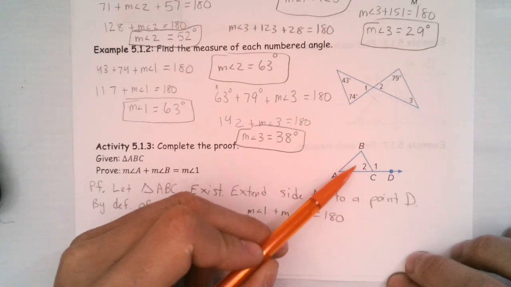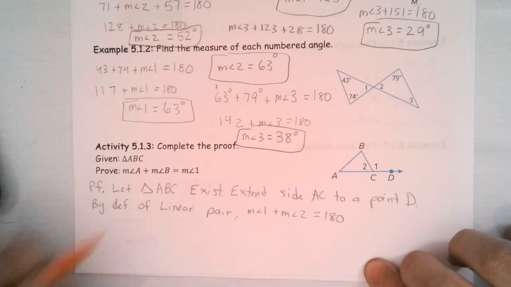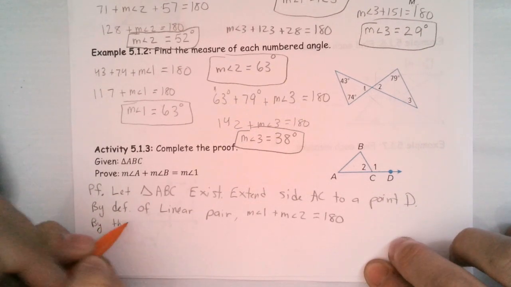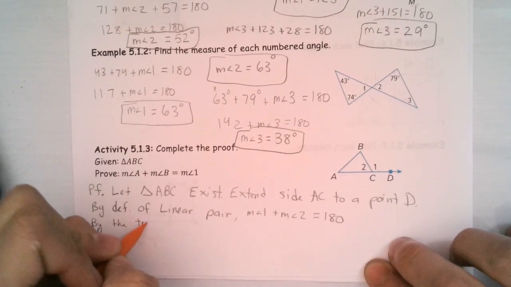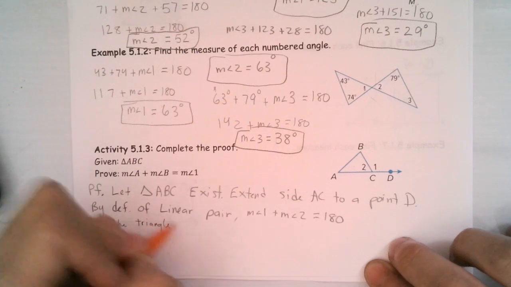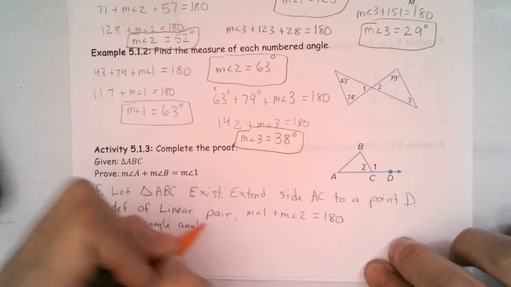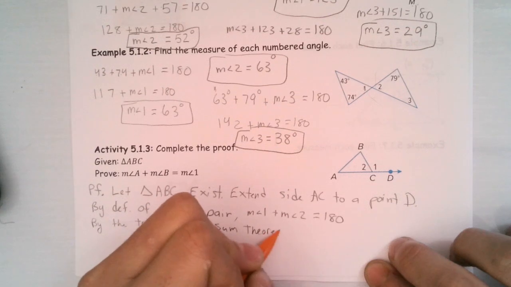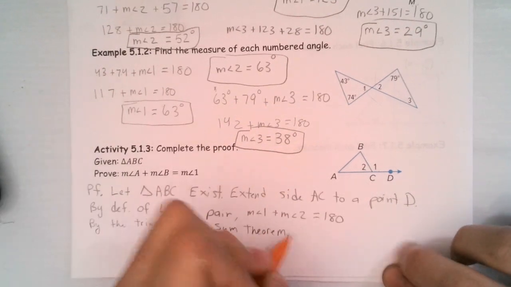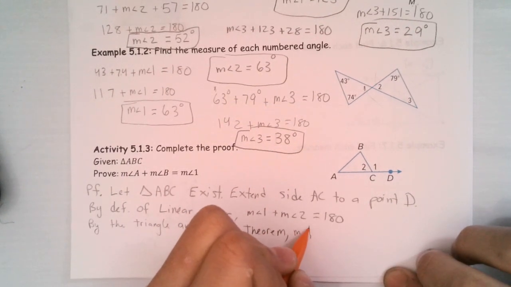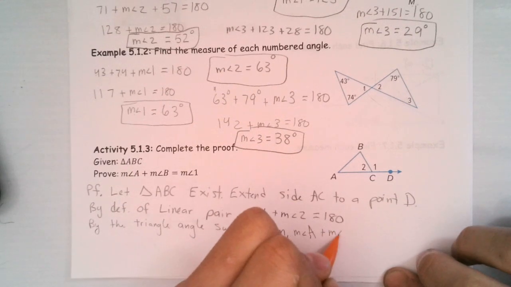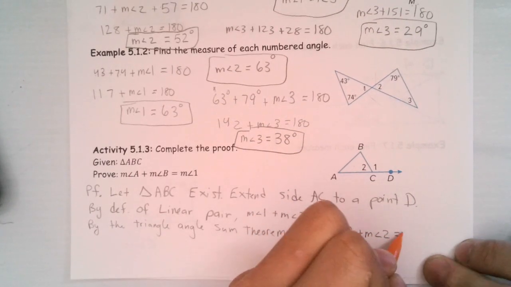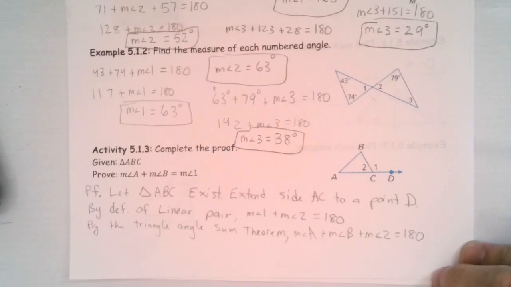On the interior of the triangle, right? They also have to equal 180 degrees. So by the triangle angle sum theorem, we know that the measure of angle A plus the measure of angle B plus the measure of angle 2 has also got to equal 180.